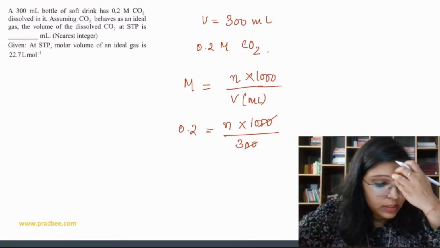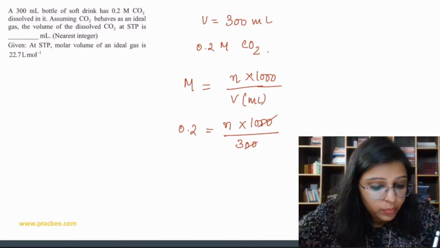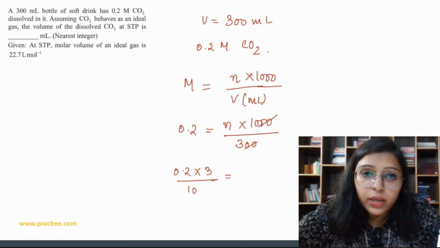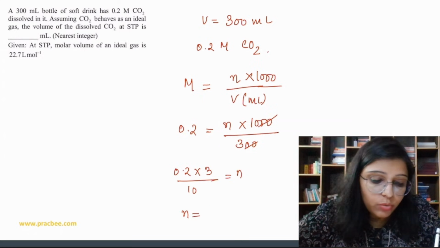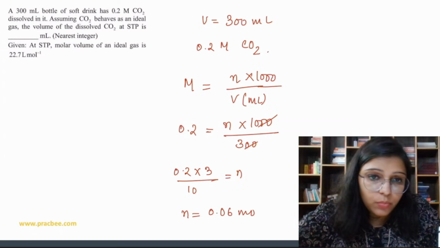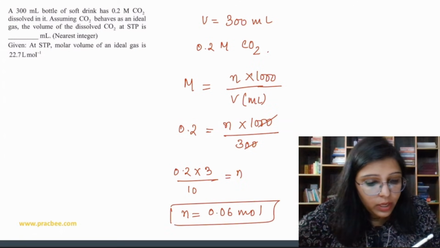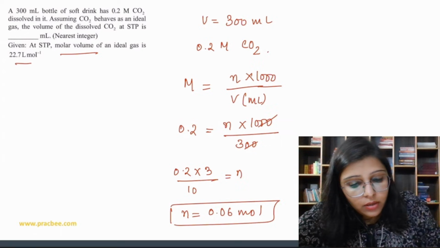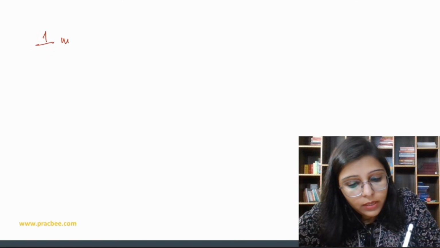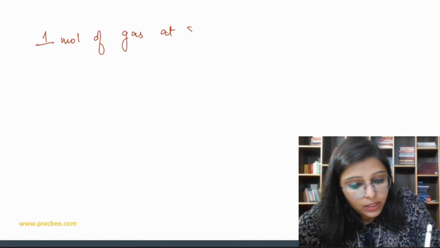On solving this, what do we get? We get 0.2 into 3 upon 10. So we get number of moles equal to 0.06 mole. It is given 1 mole of gas at STP is equal to 22.7 liter.